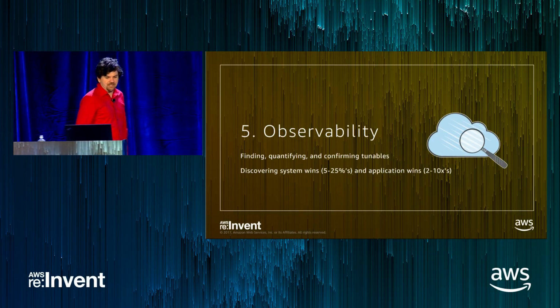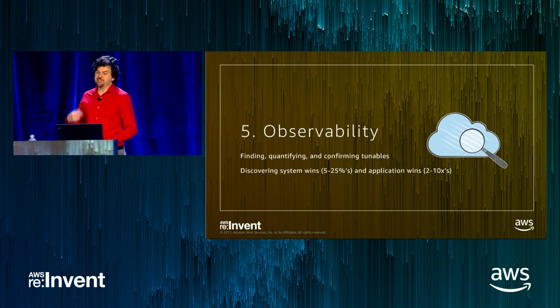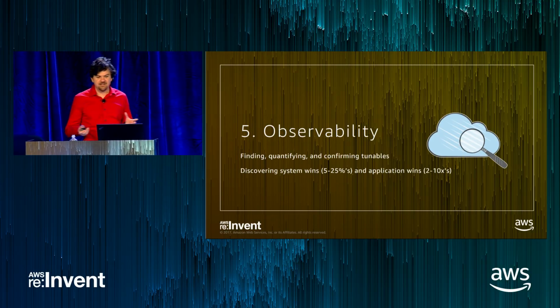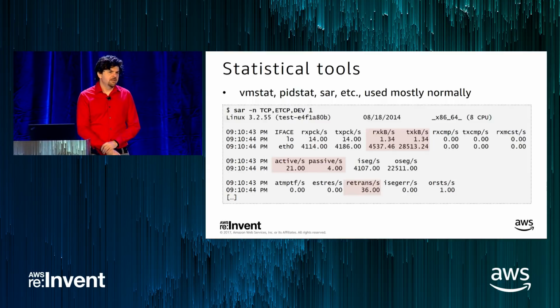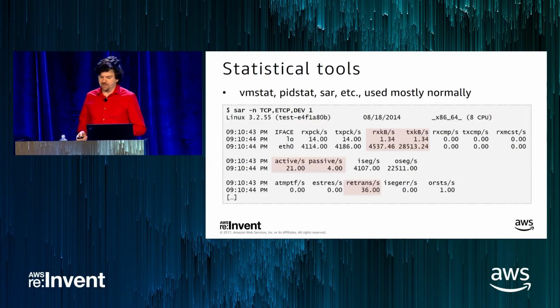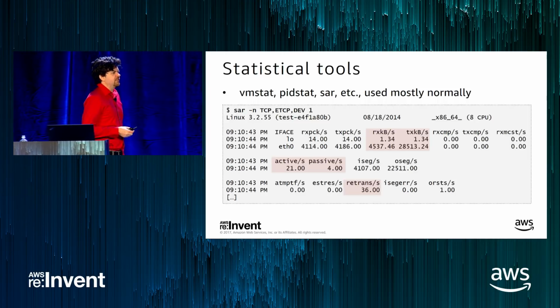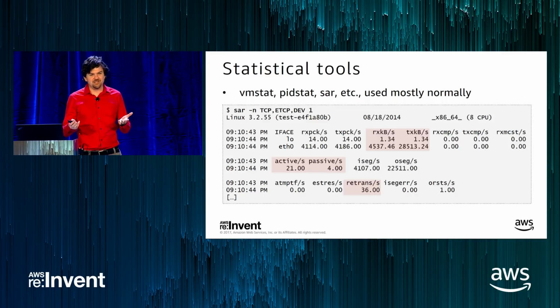So the observability tools, how do we apply these methodologies? This is for discovering system wins that might be 5 to 25%, and application wins, which are much larger. There are lots of statistical tools that Linux comes with. We don't often use these at the command line because we have over 100,000 instances, and I mean, which instance would you log into?